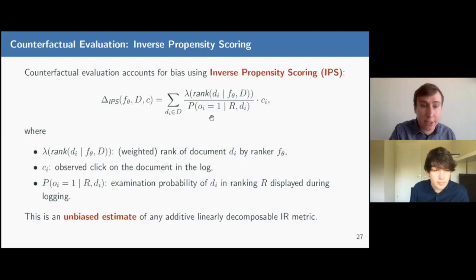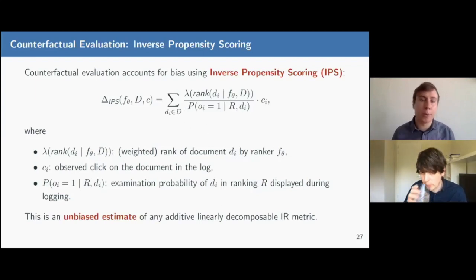And then this probability here that we have at the bottom is the examination probability of this document DI in this particular ranking R displayed during logging. So what was the probability that that clicked document DI was actually observed? And our claim here is that this is an unbiased estimate of any additive, linearly decomposable IR metric. This is what we claim.